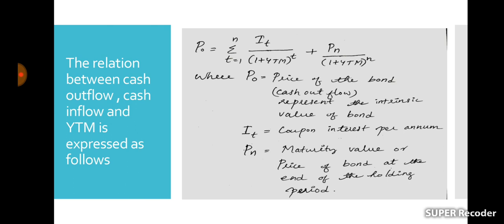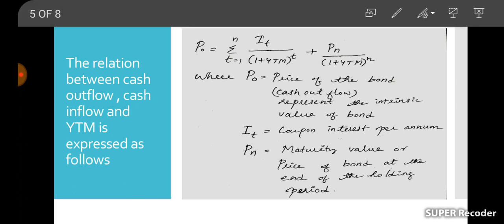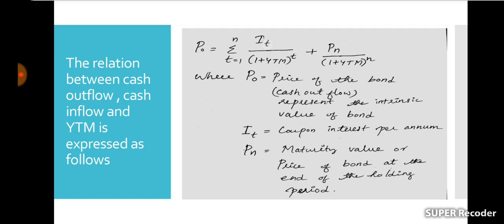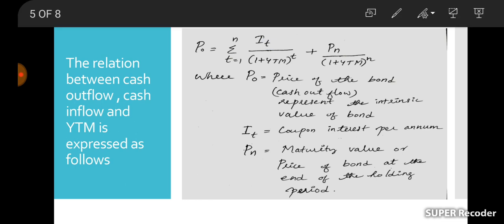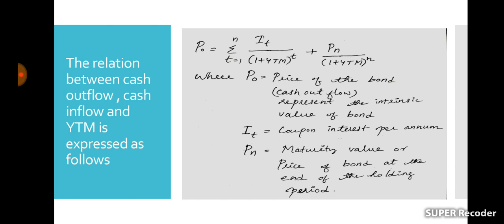It is the market price of the bond. IT is the coupon interest per annum, and Pn is the maturity value or price of the bond at the end of the holding period. These are the cash inflows and this is the cash outflow.